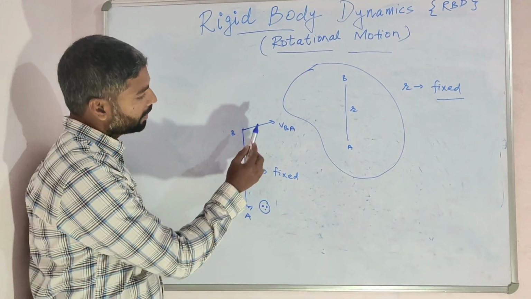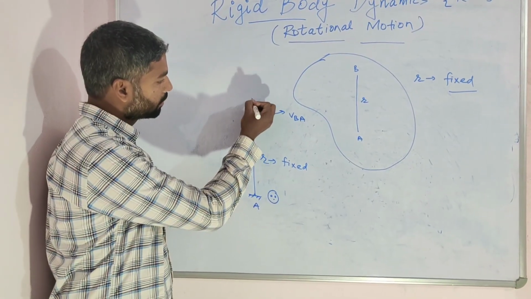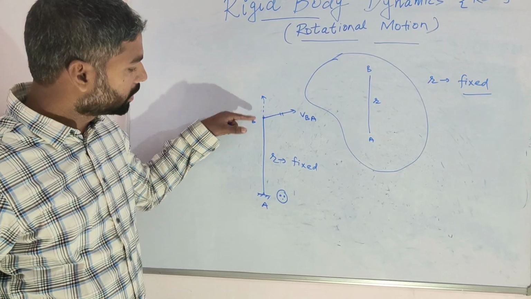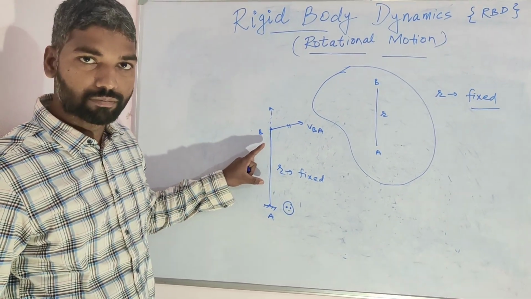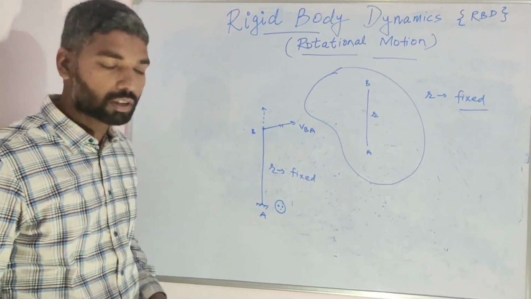Now we see that it can have a component along this direction, and this will increase this distance. Or if it's in some other direction, it may decrease this distance also.